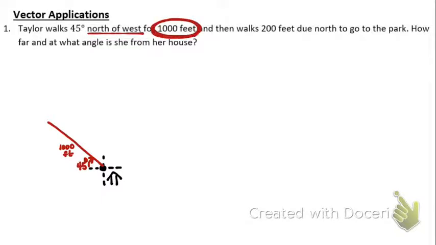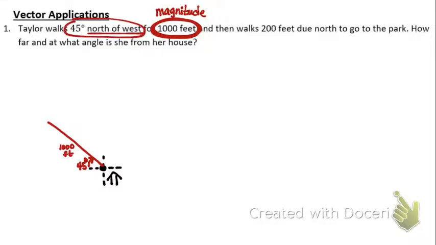Just this information that I'm circling, the 1,000 feet. Is that a magnitude or is that a direction? 1,000 feet. That's magnitude. What about the 45 degrees north of west?